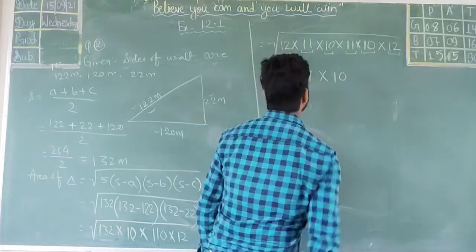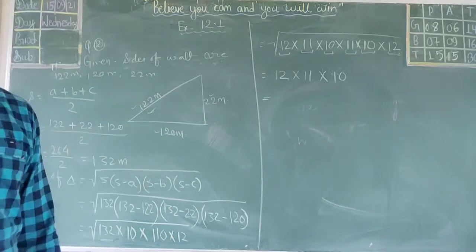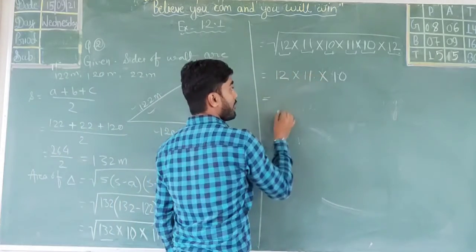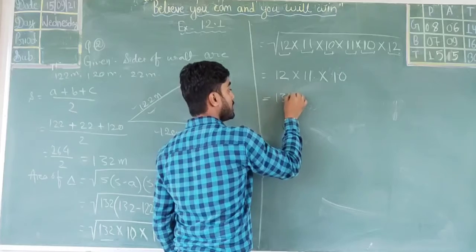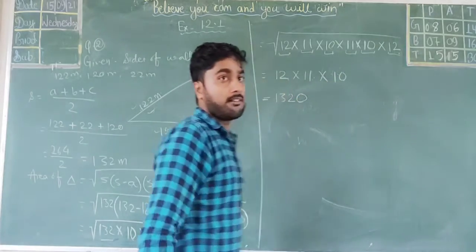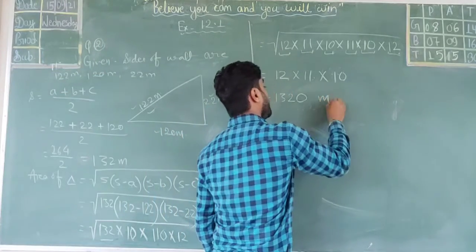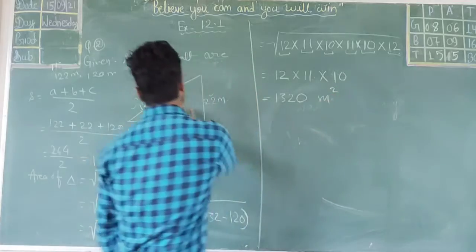Multiplying them, 11 into 12 is 132, and 132 into 10 gives 1320. So this is the area of that triangular side.